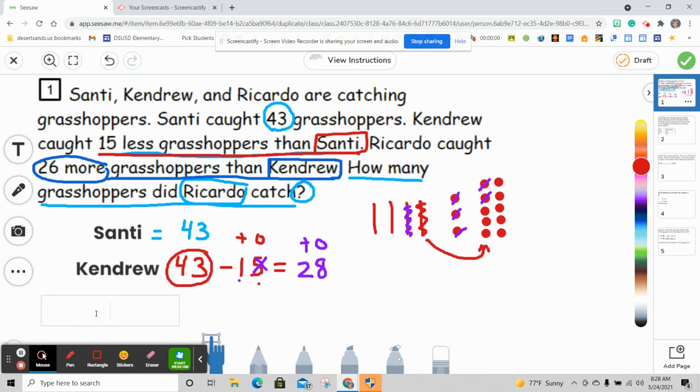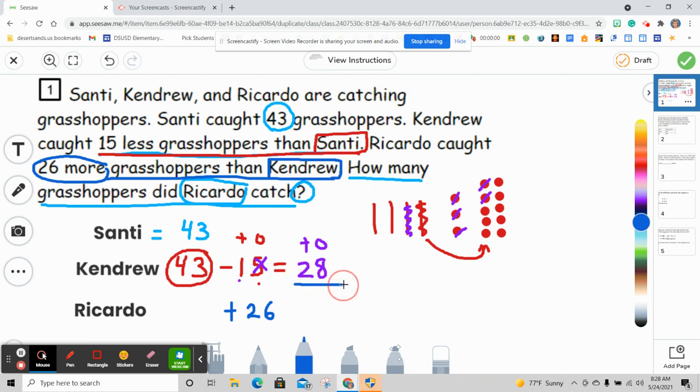I'm going to put Ricardo. Now, in Ricardo's information, it says that he caught 26 more. So I'm going to put plus, more would be plus 26. Now, it's 26 more than Kendra. So I look at Kendra, and remember we did all this number sentence, 43 take away 15.